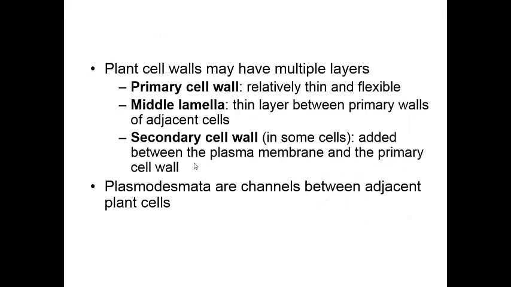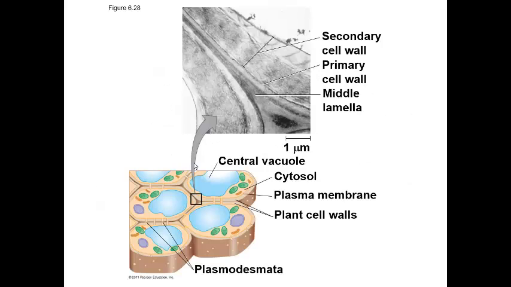If we look at the structure of a plant cell wall, it is made up of multiple layers. We have a thin, flexible primary cell wall, which you see right here. It's this piece right here. In between the primary cell wall and the plasma membrane, right here, is this thick secondary cell wall.